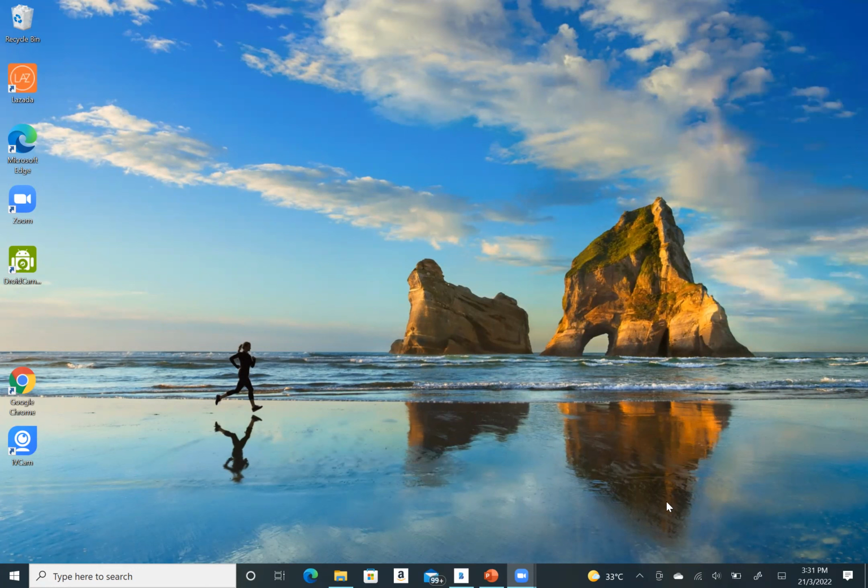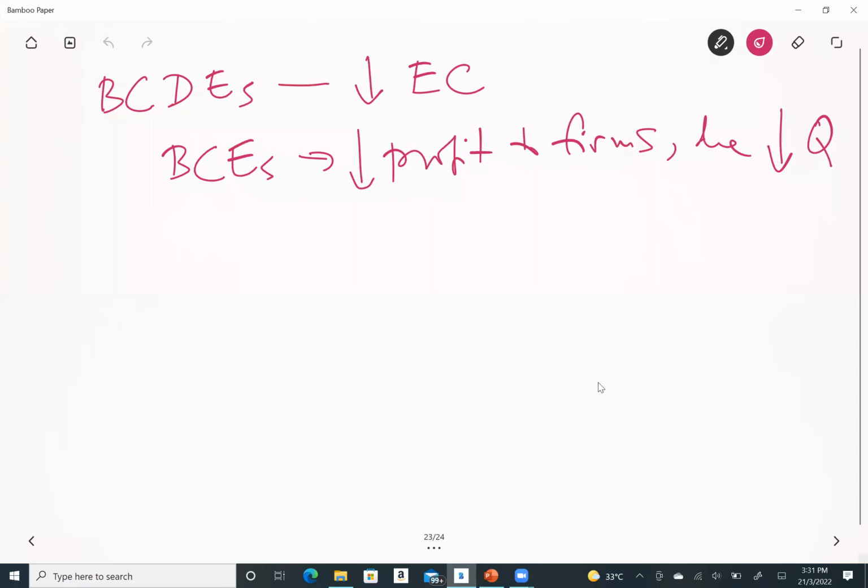So I'm going to take care of the negative externalities first: negative production, negative consumption, and after that we look at the positive externalities, production and consumption.